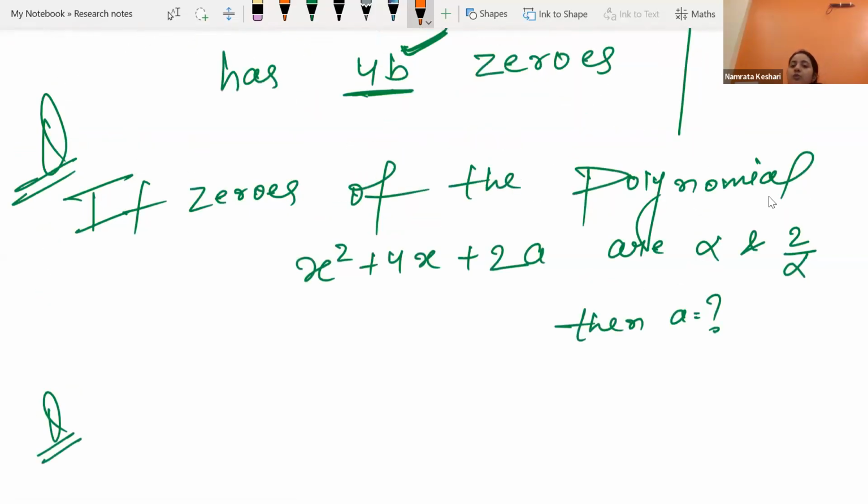So if zeros of polynomial this are alpha and 2 alpha. Okay, let me give another question so that everyone can try, whoever have done this one. I'm coming to the explanation part.